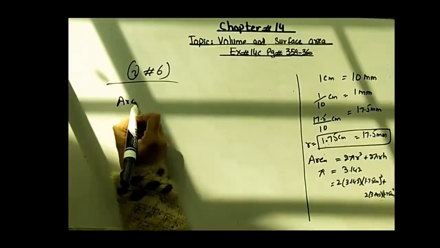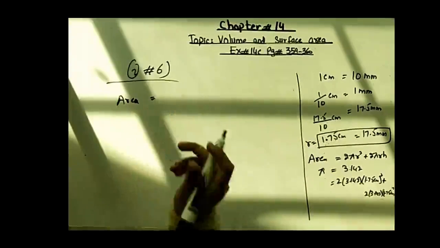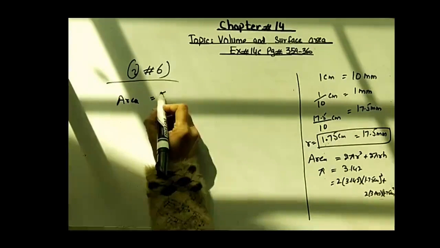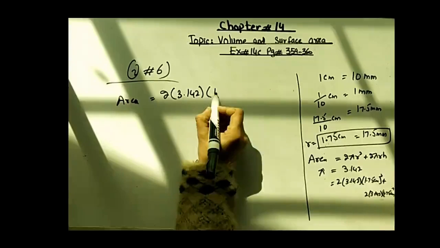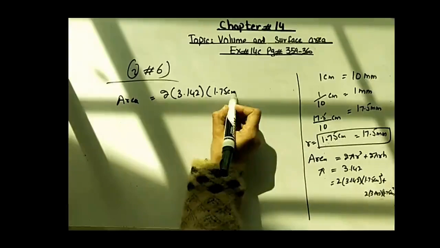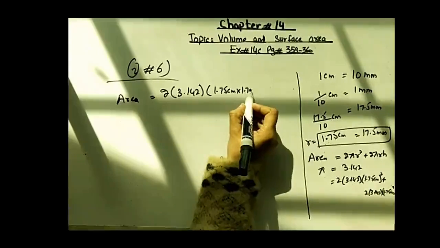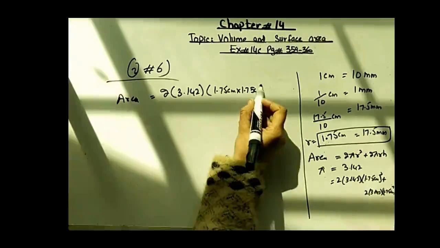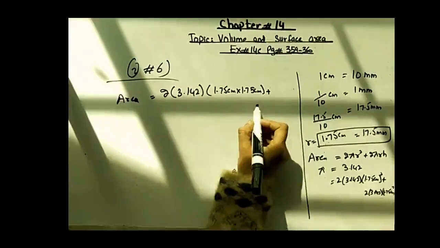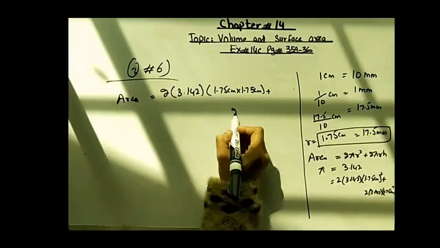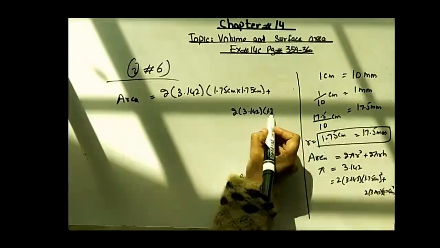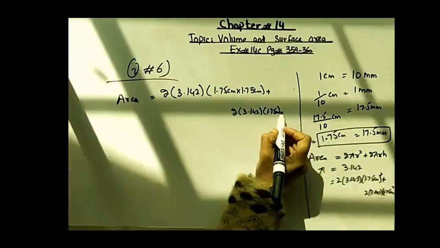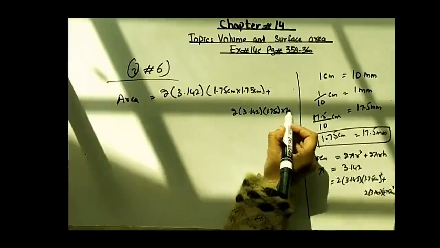Area is equal to 3.142 times 1.75 centimeter multiplied by 1.75 centimeter, then plus sign, then you multiply 2 times 3.142 times 1.75 centimeter, and then multiply 7 centimeter.